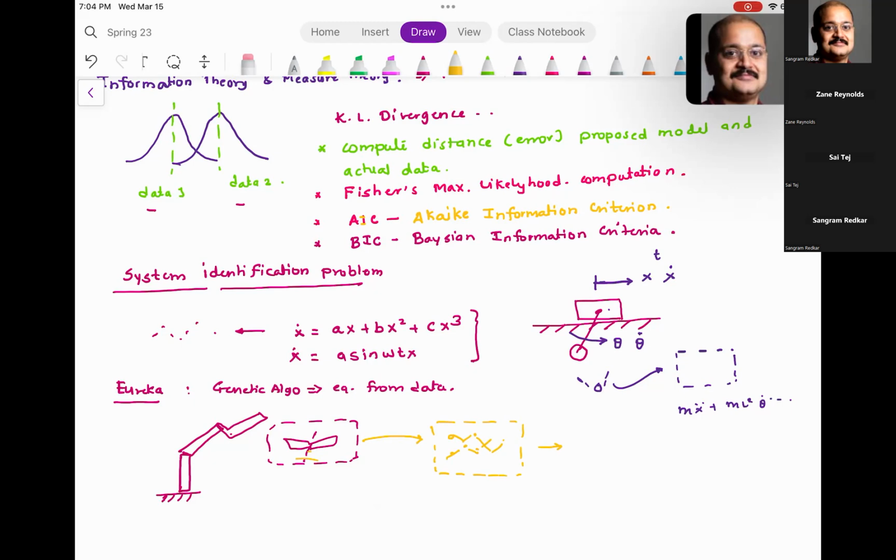The other question is, imagine you have a human hand. You take the video of a human performing a certain action, and then you program your robot arm using the equations derived from observing this human motion.